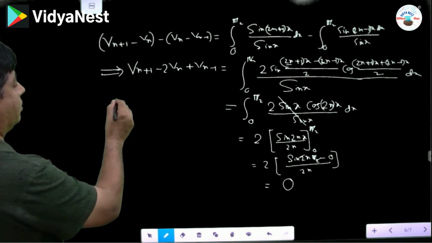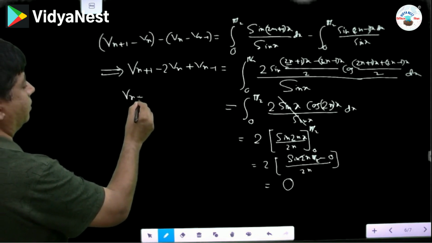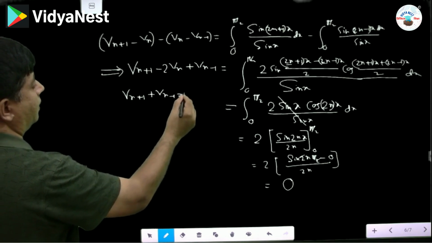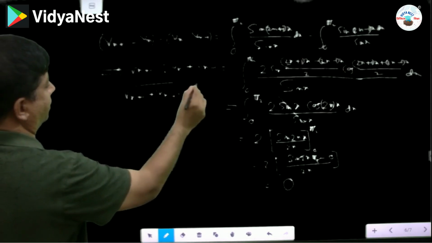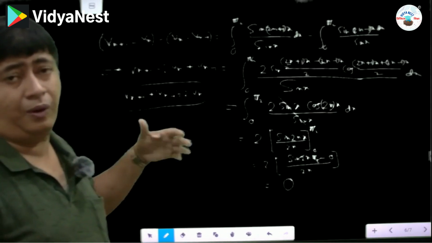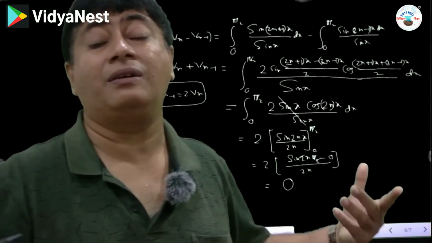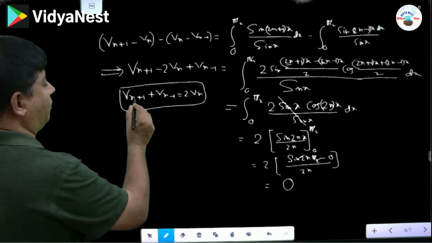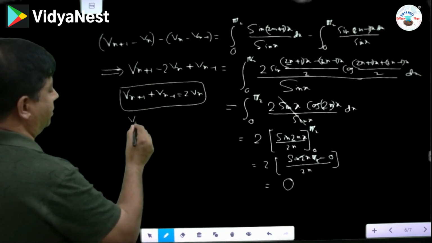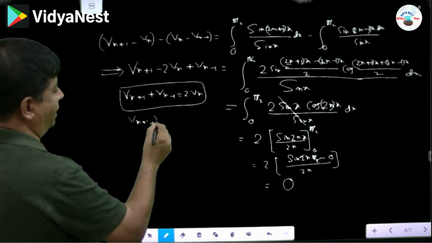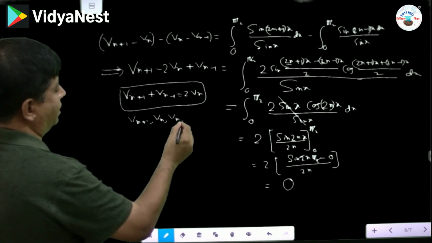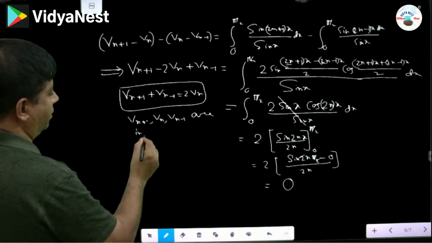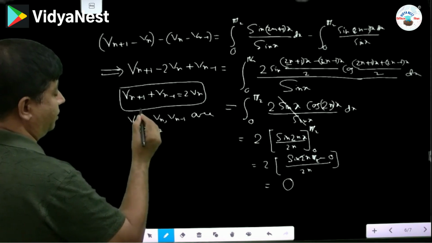So we have got Vn plus 1 minus 2Vn plus Vn minus 1 is equal to 0, that is, 2Vn equals Vn plus 1 plus Vn minus 1. It reminds you what formula? The formula we are taught in class 10, class 11, AP. Therefore, Vn plus 1, Vn, Vn minus 1 are in AP.